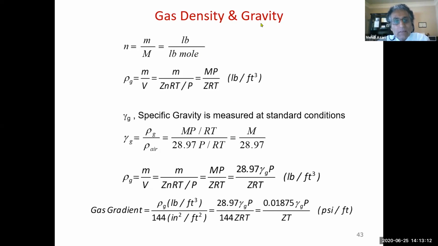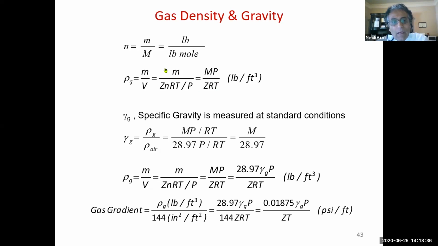All right. So now you can manipulate with some of these gas equations. We can calculate gas density and gravity. Remember, n is m over M. And then density is mass divided by volume. Mass is mass. Volume you get from the PV = nRT equation. And then rho comes out to be MP over ZRT.